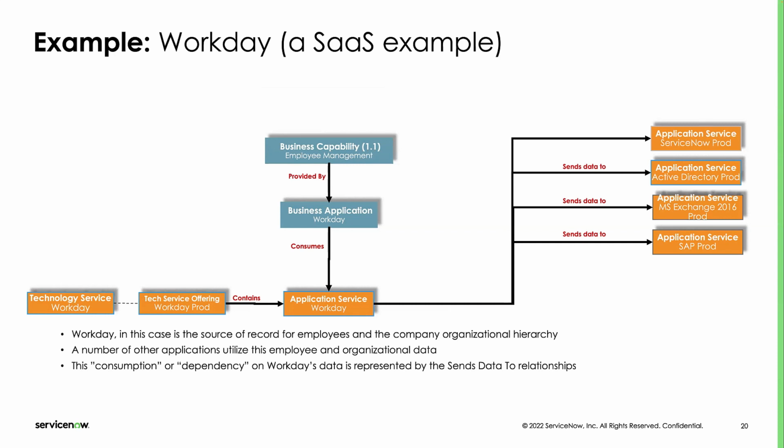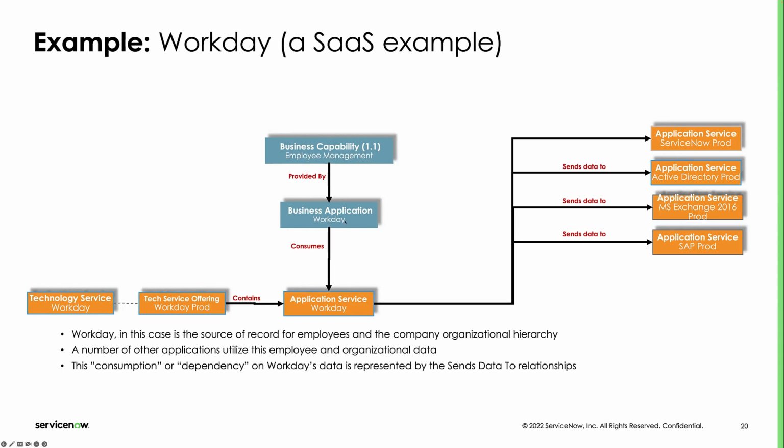Another one that will come up often, what do we do about SaaS? SaaS doesn't have any infrastructure. What do we still need? There's a few concepts that are shown in here, but again, we start with, and we're using Workday as our example. Workday is what we use here at ServiceNow for our HR management, employee information, vacations, that sort of thing. So employee management is the capability supported.